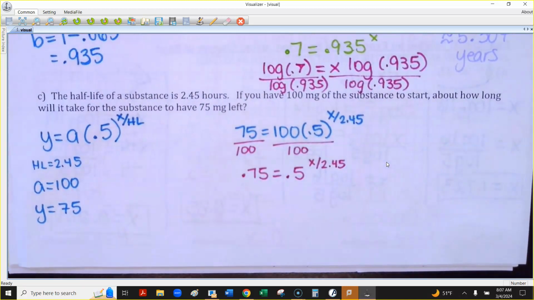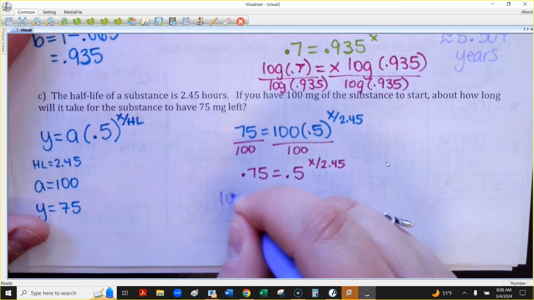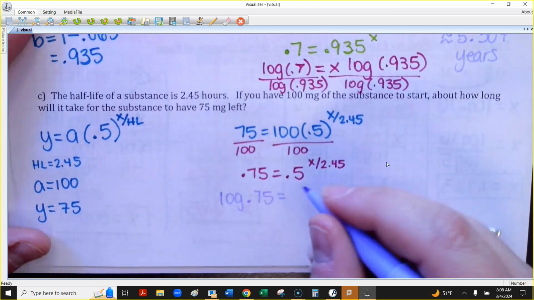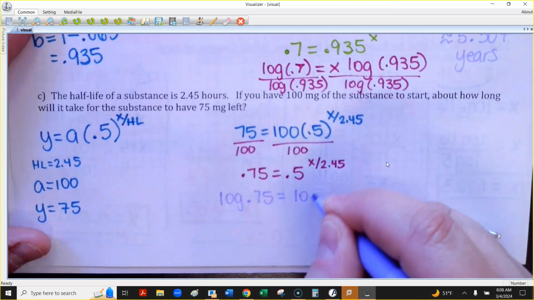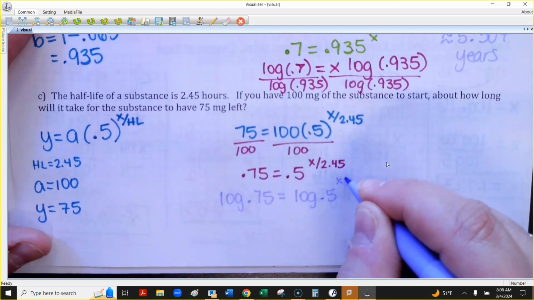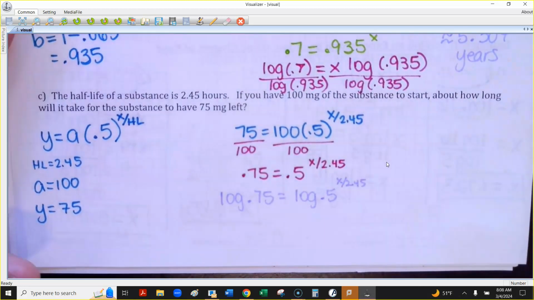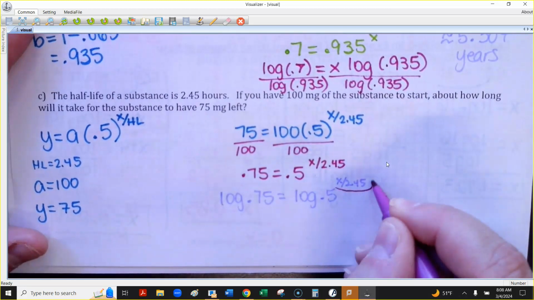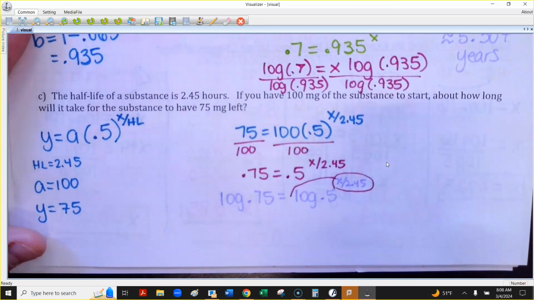All right, and just doing a little variety here. What I'm going to do, I'm going to take the log of both sides. Log is the only way you can get rid of your variable being an exponential. And I'm going to write it out because I have a little bit more space here. But we had the 0.5 to that power. That power rule allows us to drag that down in front.